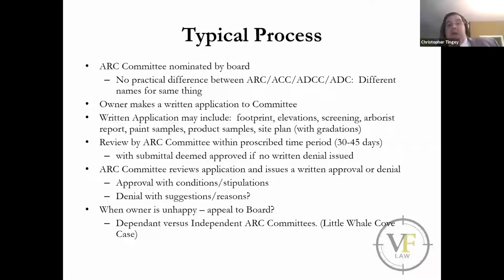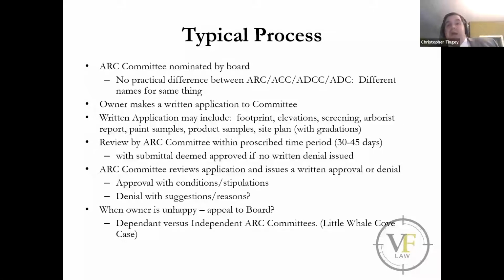Maybe it is approval with a condition that you show an architect's report that this material is a good substitute for the material we ordinarily require, because materials change and get better over time. And if you can show that this is the equivalent, then we're fine with it. Maybe you deny it for reasons that it's too close to the setback line, but if you can show that you can do it all within the setbacks, we're going to do it.